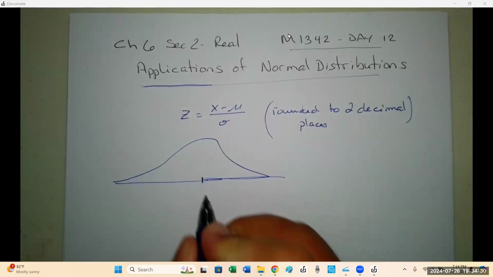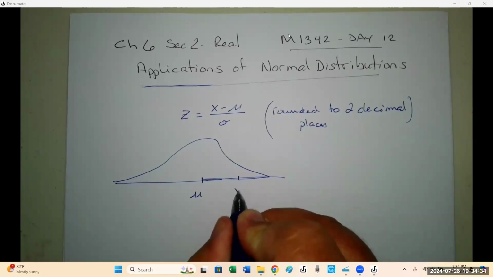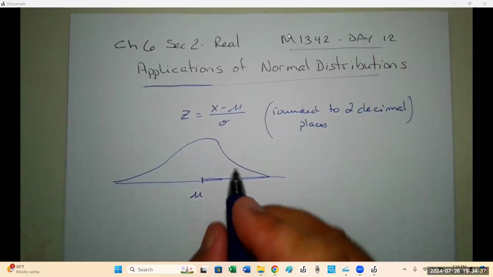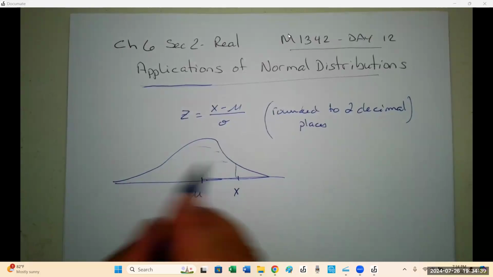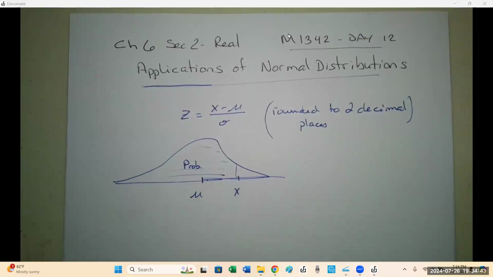Okay, so in the past, we had mu and some value of x, and the chart tells us the area. So it gives us the probability. The probability is what the area is.